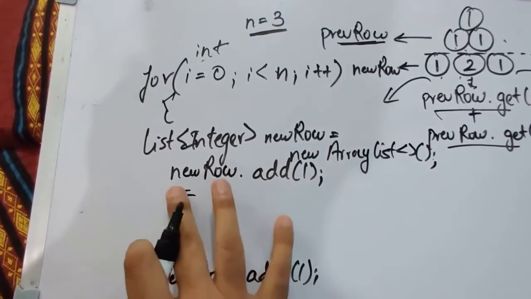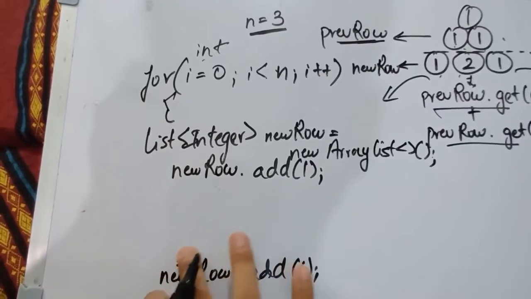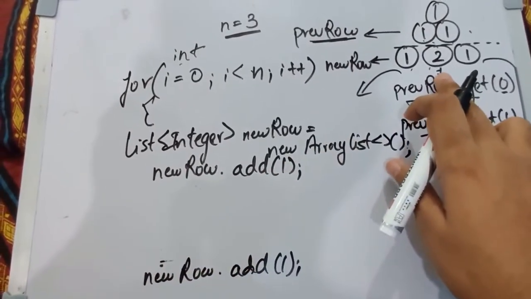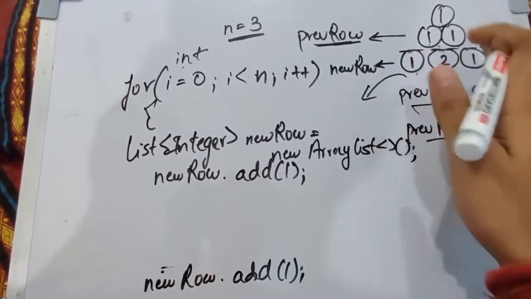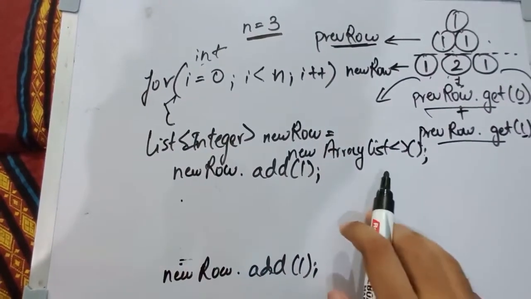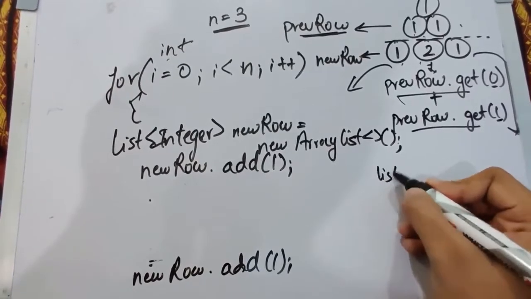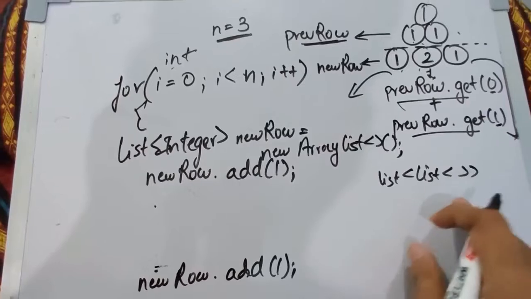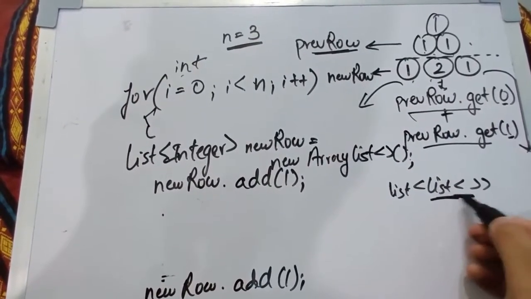Now the main thing starts. What's the main thing? The main thing is that we need to calculate the middle value, which is going to be your 2. To calculate this, you need to find out the previous row first. To get the previous row, you already know that in the method we have a list of lists, right?